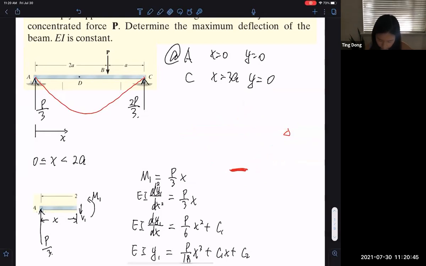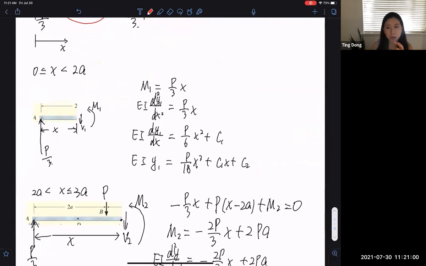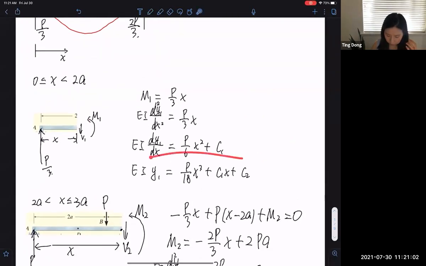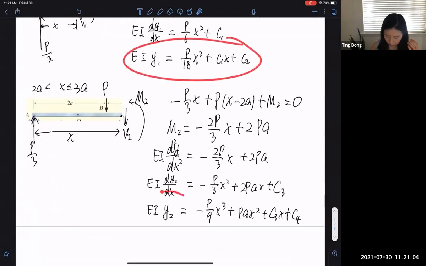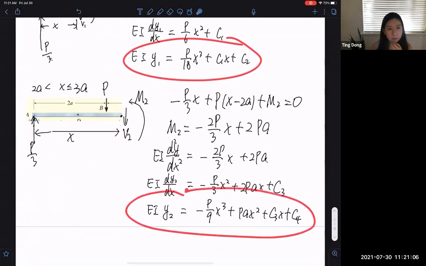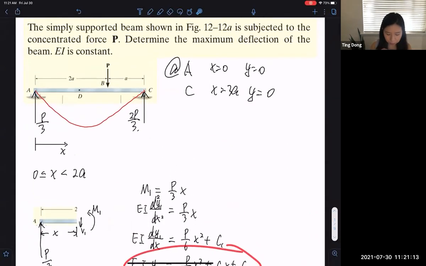Even though the slope at point B is not zero after deformation, because we use two different equations for the deflection, one derived from the left part and one derived from the right part, what we can do is this.